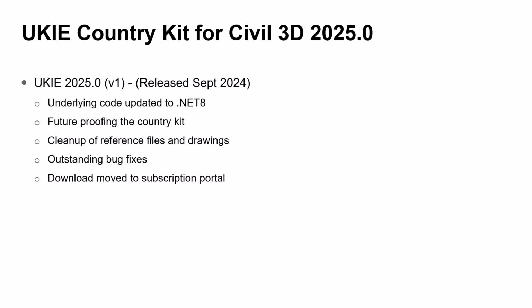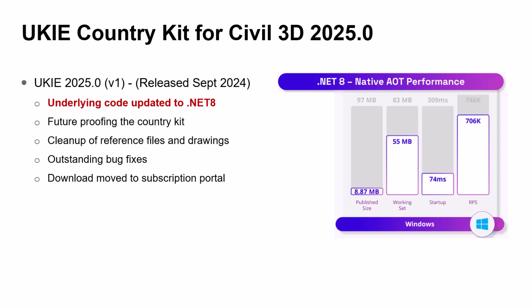Some of you may already be using UKIE 2025, and the first version for Civil 3D 2025 was released in September. This was later than usual, as I usually like to deliver in May or June, shortly after the base product is available. However, we had a lot to do.